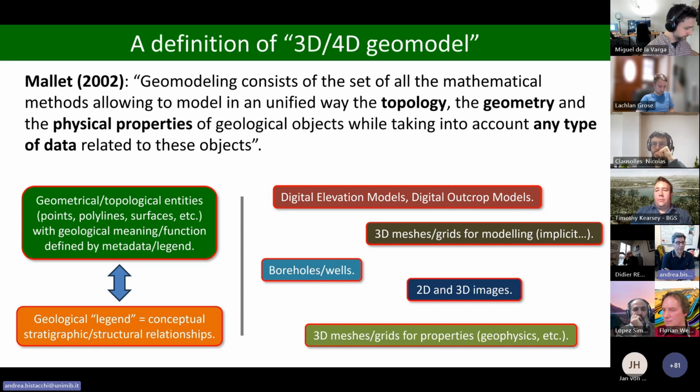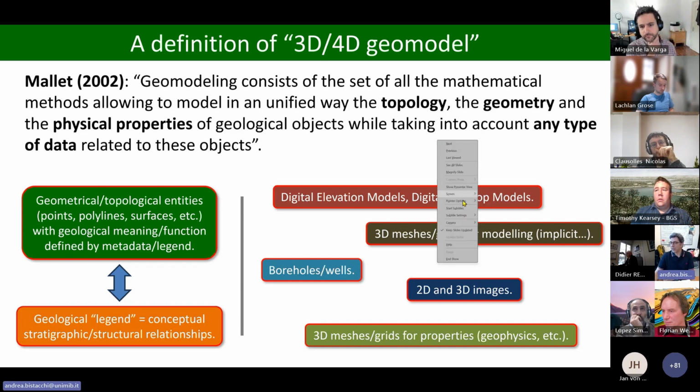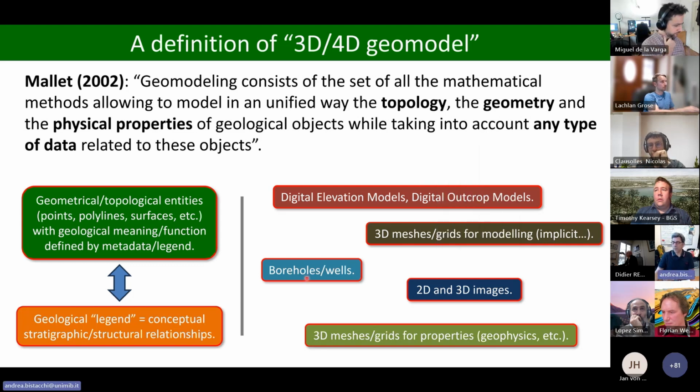So it is fundamental to be able to import any kind of data like seismics, wells, digital elevation models, meshes, borehole 2D and 3D images, use different kinds of meshes, and obviously we need to be able to use any kind of geometrical topological entities that could be useful to build the model or also to export the model.